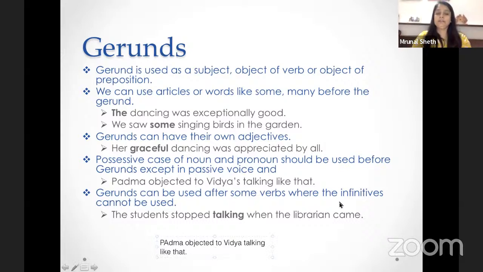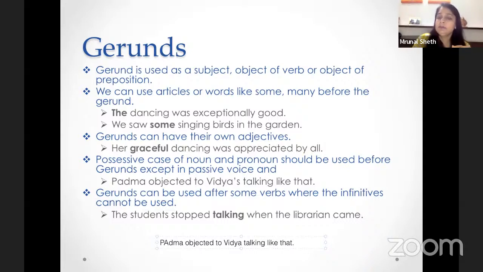Now, both of these sentences are grammatically correct. However, they both have a different meaning and talking is used in a different manner. So, if I write this sentence, then this talking becomes a participle, whereas here it is a gerund.